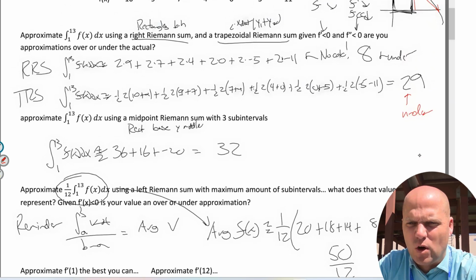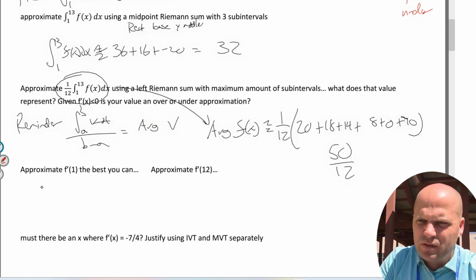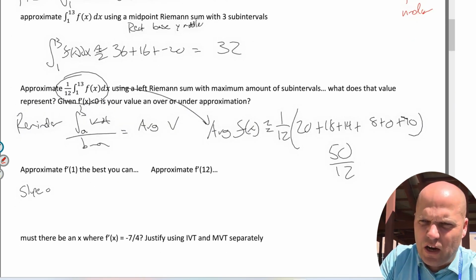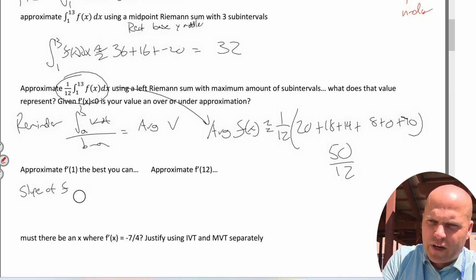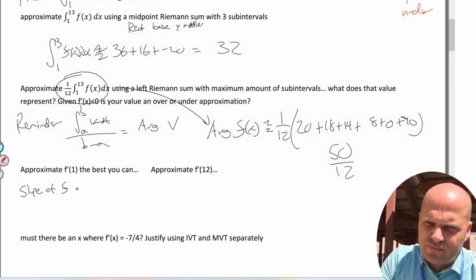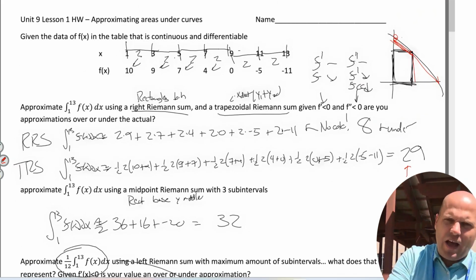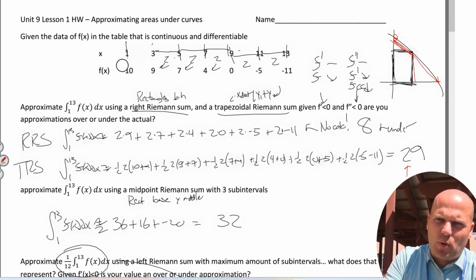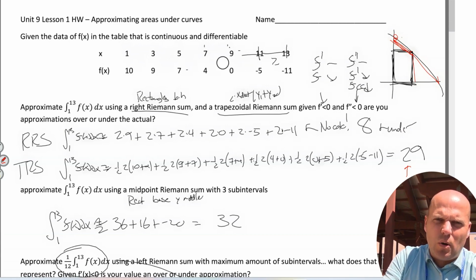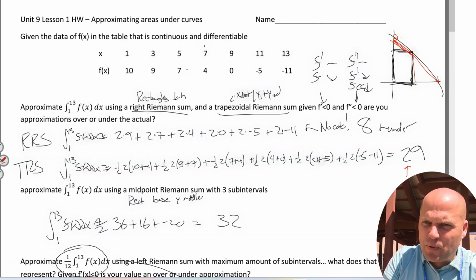Approximate f prime of 1. Now, you've got to remember the notation would be the slope of f at 1. Oh, we're going to have to take the derivative, right? Well, the problem is I don't have the function. I don't have f of x. I just have a bunch of points on f of x. So what we'll have to do is approximate a tangent slope with the secant slope.